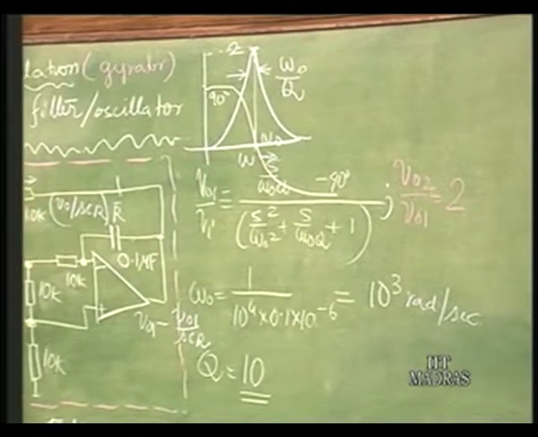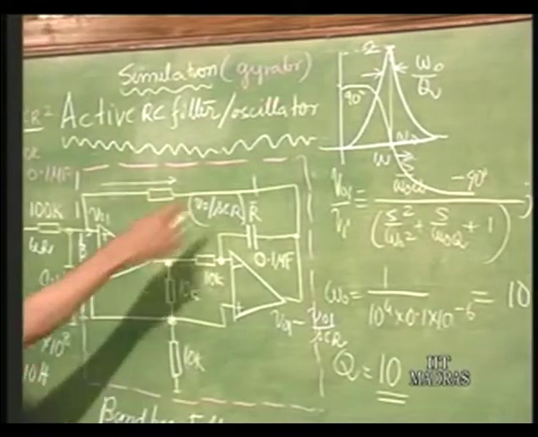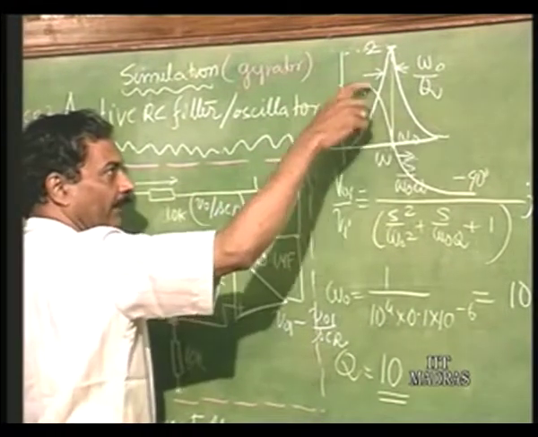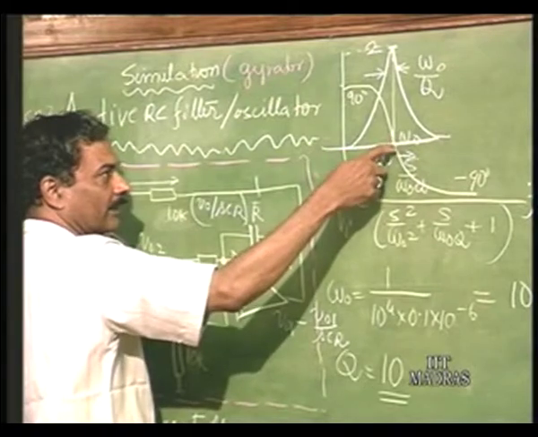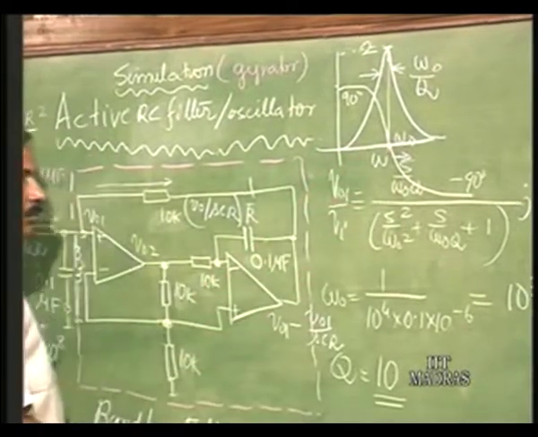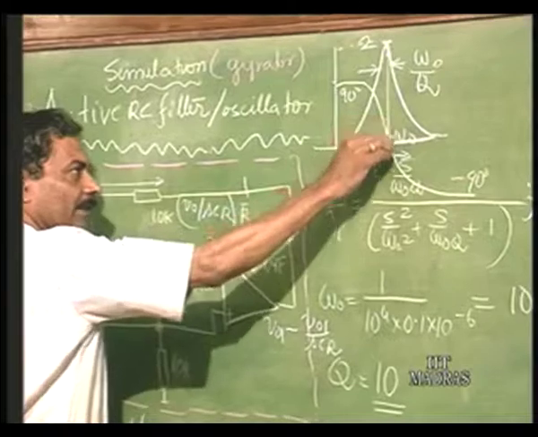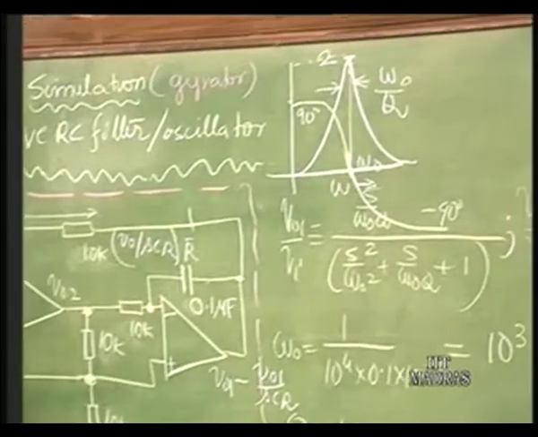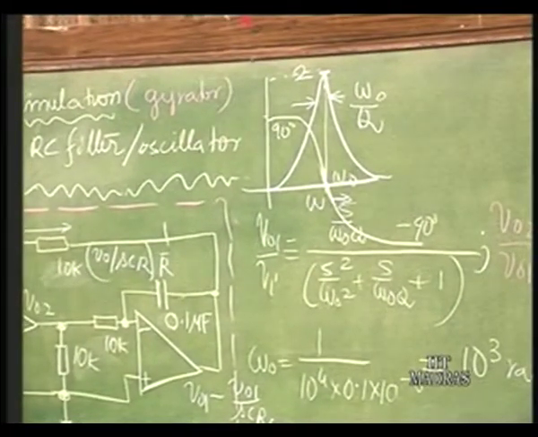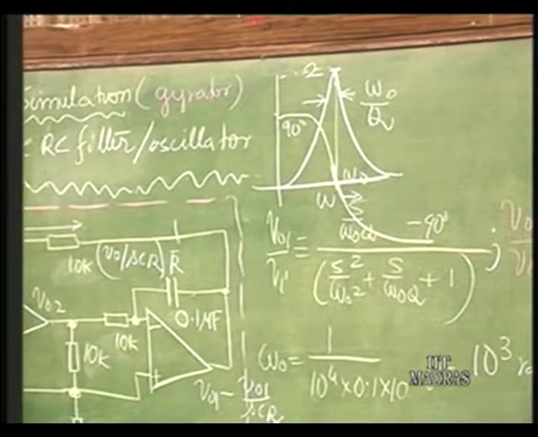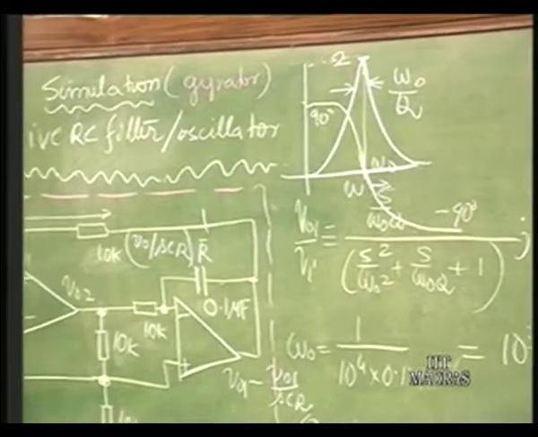This is the characteristic of a band pass filter. Magnitude will peak at this and phase shift will become 0 at omega naught. Both of this, and phase variation is maximum around omega naught. So, this particular aspect of the experiment we are going to see just now.